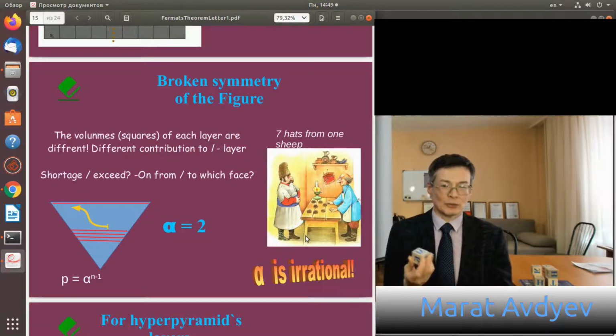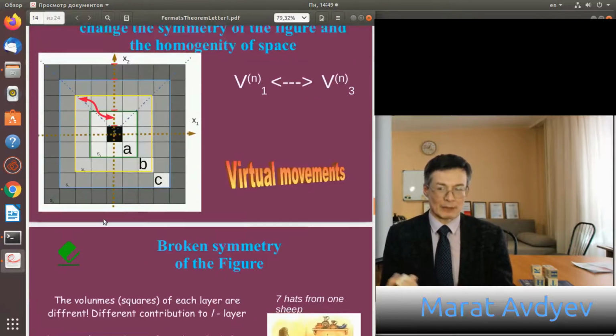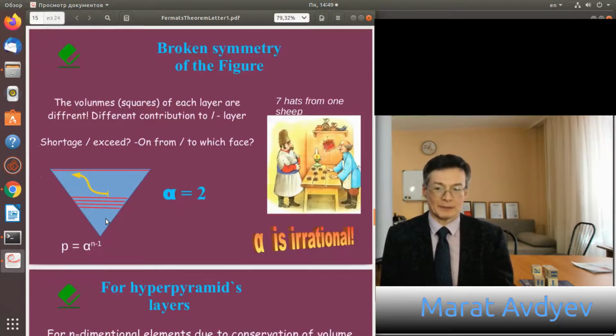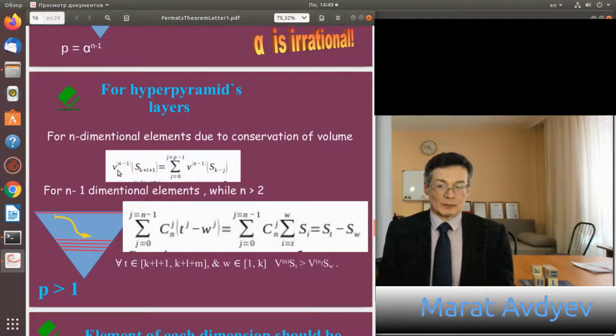I mean a cube in 3-dimensional space, because the volume of the surface of a hypersurface is in proportion to n minus 1. So we have for any layers the volume of a hyperpyramid layer equal to the sum of layers.